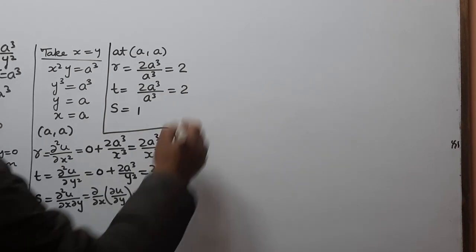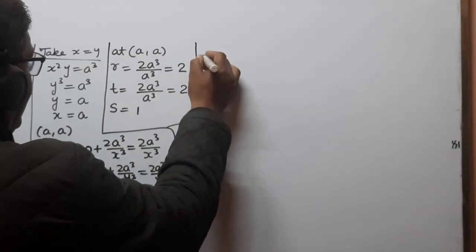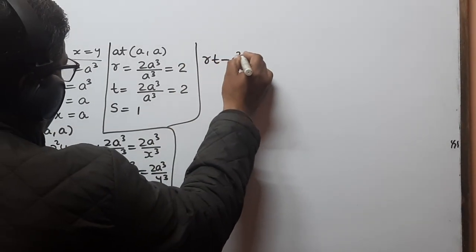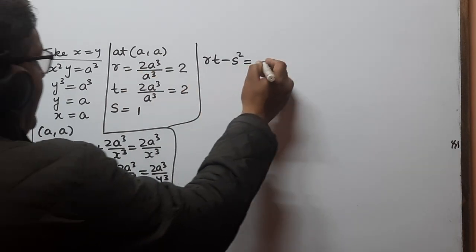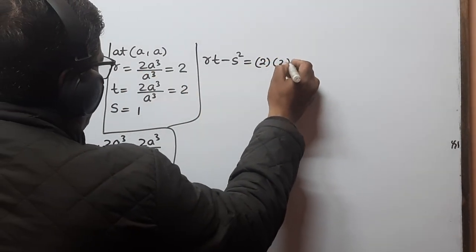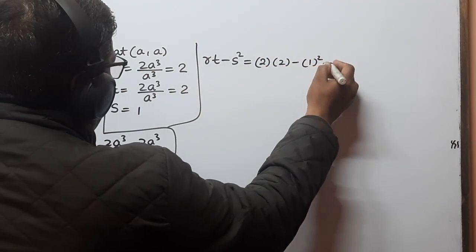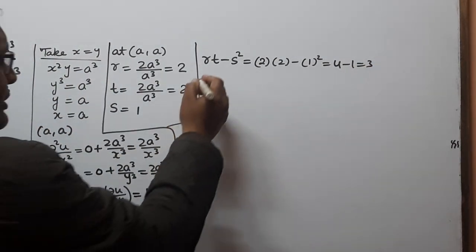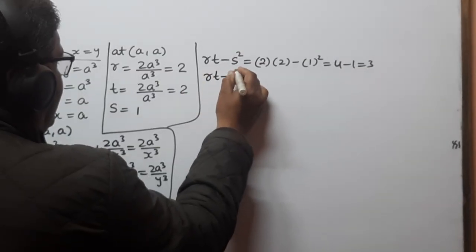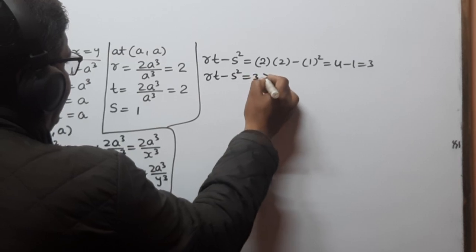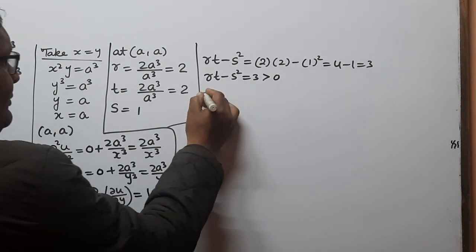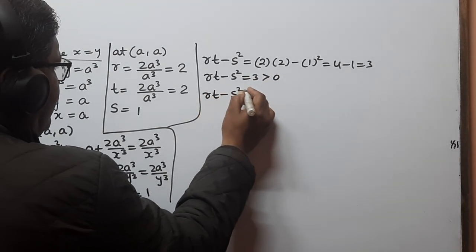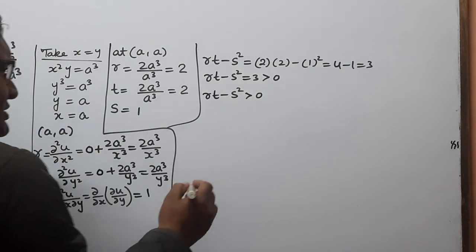Now we find rt minus s square. r is 2, t is 2, and s is 1, so this is 4 minus 1, which is 3. So rt minus s square is equal to 3, which is greater than 0.